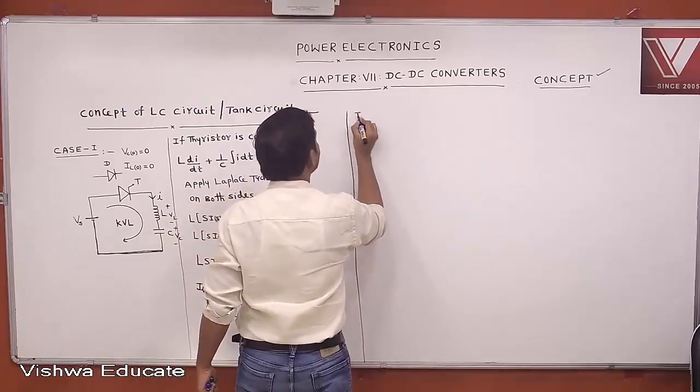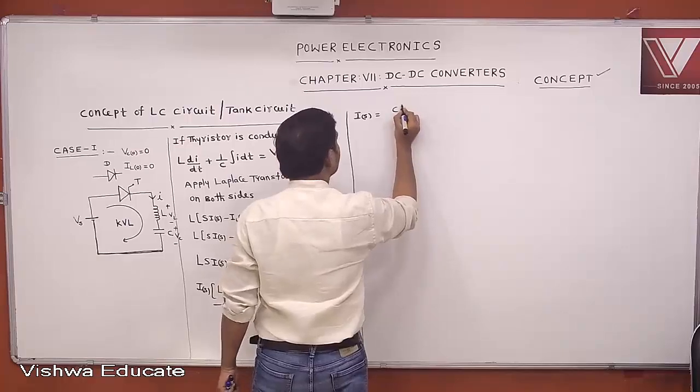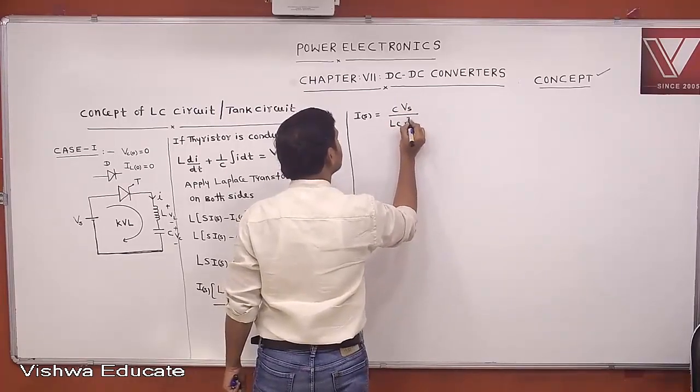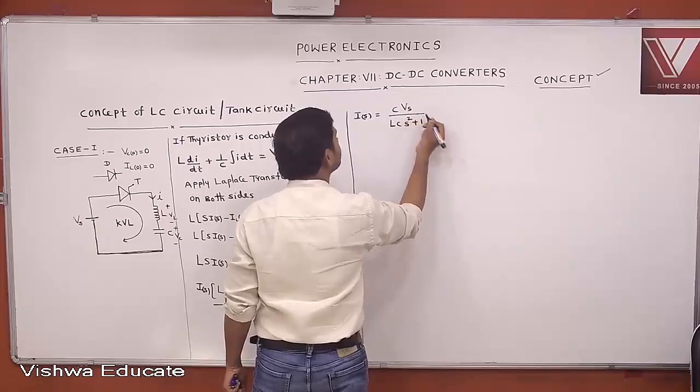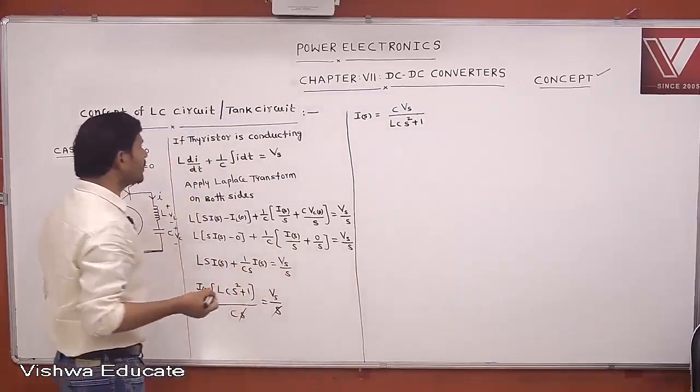Then I of s equal to C Vs by LC into s square plus 1. Yes, this is how to simplify this circuit that I am explaining.